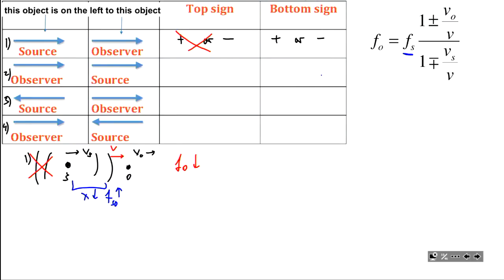So the frequency due to the source should go up, and to do that we should choose a minus again, because this is how we increase the fraction. All right.